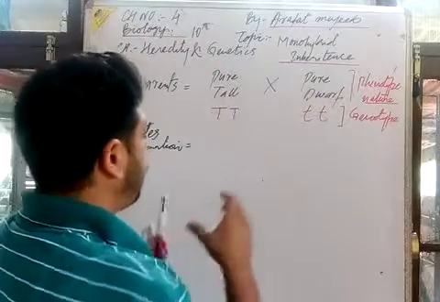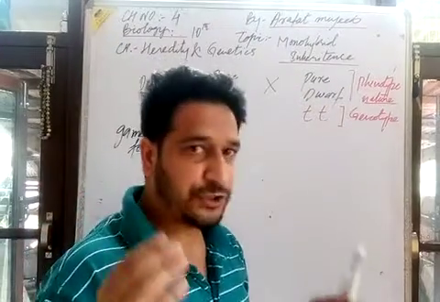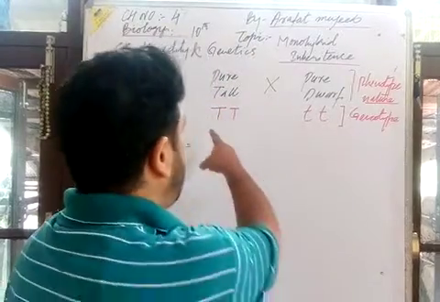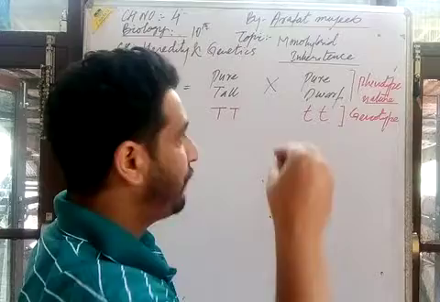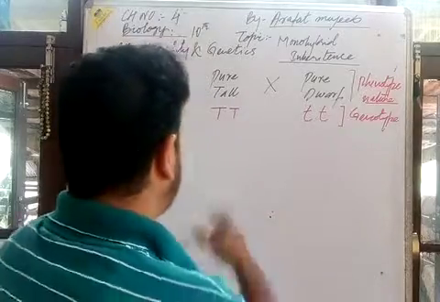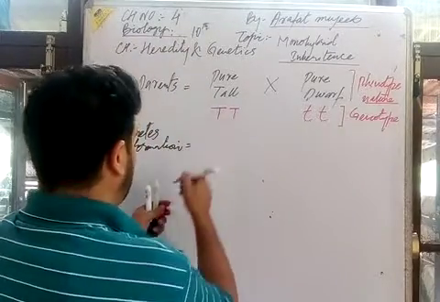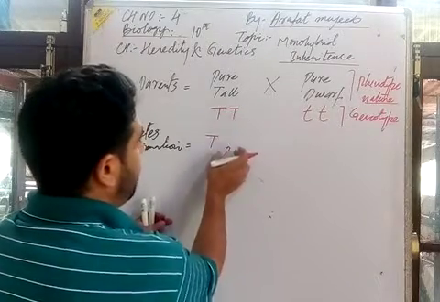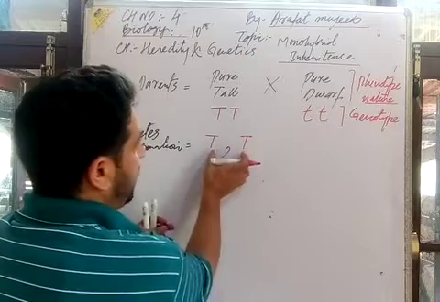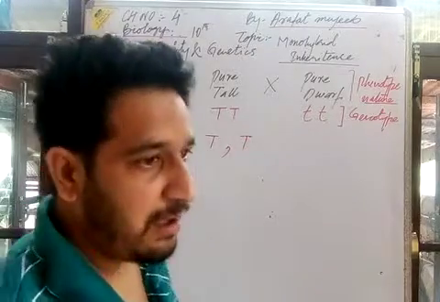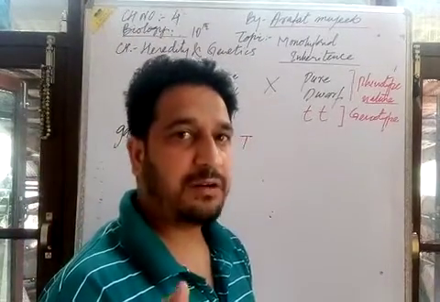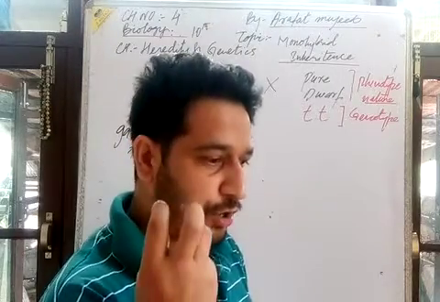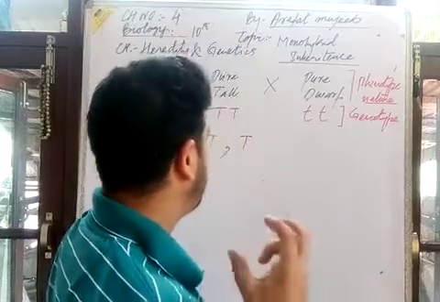According to the law of segregation of gametes, during gamete formation, a pair of alleles, a pair of genes, separate out. Here this pair of alleles separates out during gamete formation. It goes here T, comma, and here T. Gametes are formed. A gamete is a cell containing a single number of chromosomes.